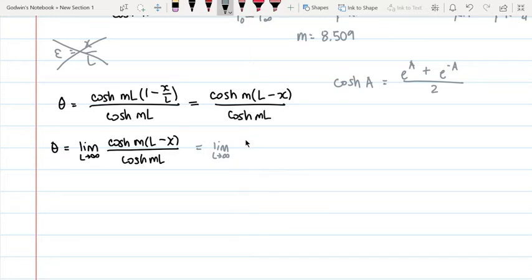So we're left with only e to the m times L minus x plus e to the negative m times L minus x over, okay, close enough, e to the ml plus e to the negative ml. And so, what are we going to do with this?